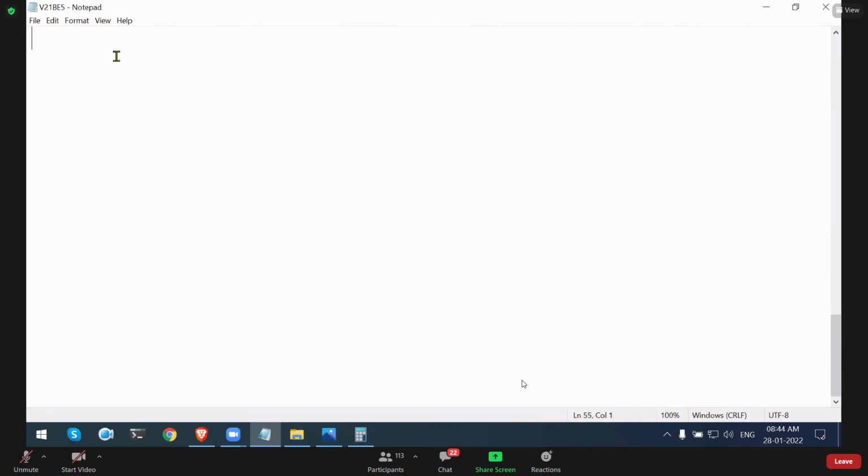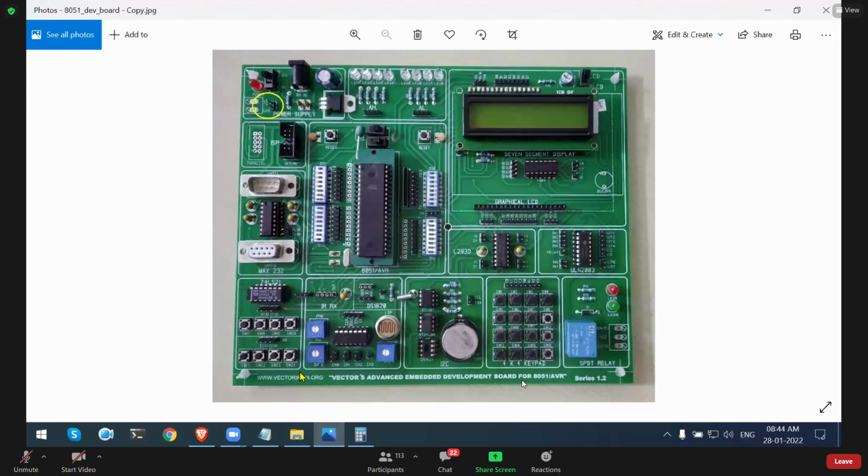Next concept: we have discussed some basic things. This is the power supply unit, which will provide 5 volt to all the ICs of the microcontroller board. Definitely you will get a power supply unit on the board.